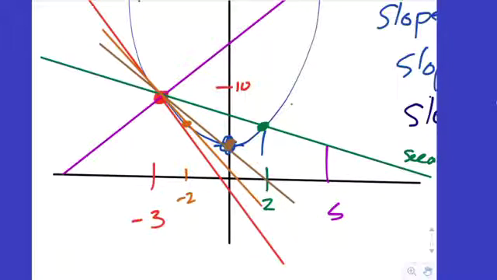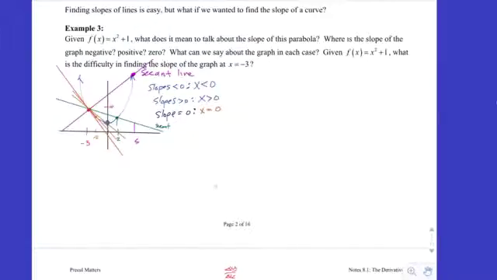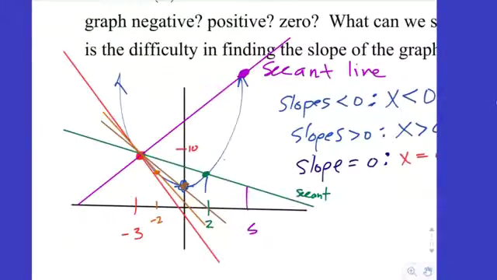We actually know it's a little bit steeper than that, so we can maybe say it's closer to negative 6 or negative 5.5. Now, you can see what I'm doing here. I'm anchoring my negative 3, but that second point that I'm required to use, what have I been doing with it the whole time? Moving it closer and closer to the point I'm interested in, negative 3.